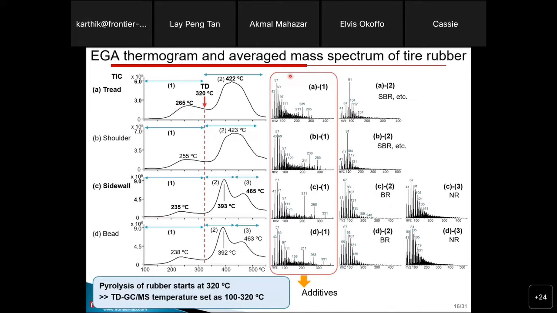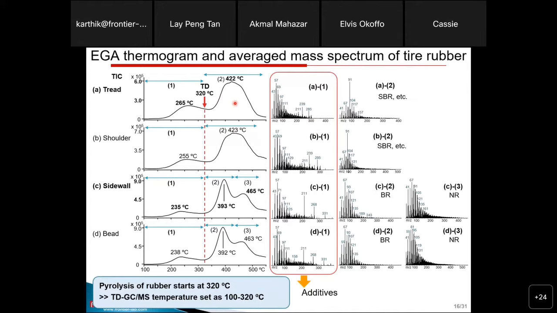If you look at the right side, this is actually the mass spectrum of this peak, because the output is generated through the MSD, the mass spectrometry detector. So you have this chemical fingerprint of the material. This is something you don't get in TGA. That's why you have additional information that is obtained through evolved gas analysis.